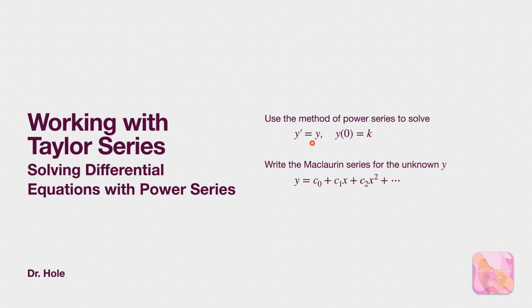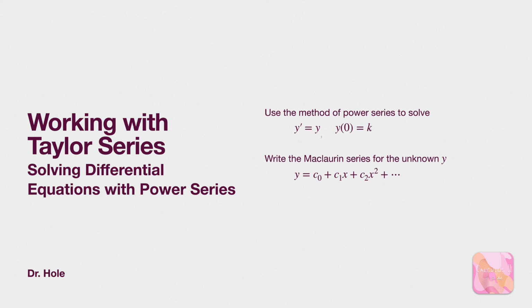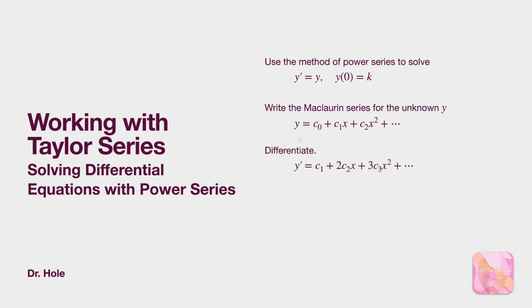Now, in the differential equation, we also have not just the unknown, but the derivative of the unknown. We've made the assumption that the unknown has a Maclaurin series representation. Let's see what the Maclaurin series representation for the derivative is. Thanks to absolute convergence, we're able to differentiate term by term. On the left-hand side, we can apply a prime to come up with the new left-hand side, y prime.